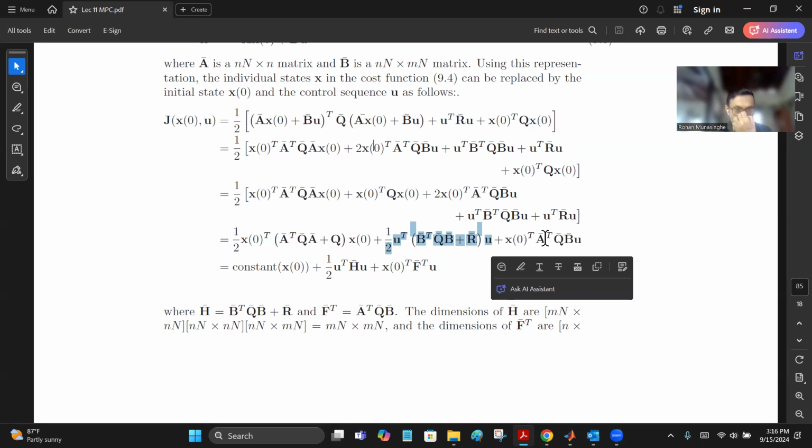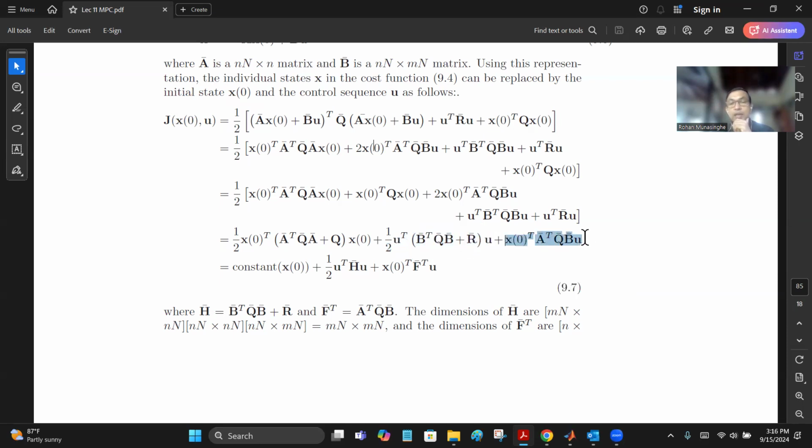So let's bring f bar for that. The second term can be written as x0 transpose f bar transpose u. Here we write f bar as transpose because of the matrix arrangement, it has to be transpose. Whereas here it is just h.